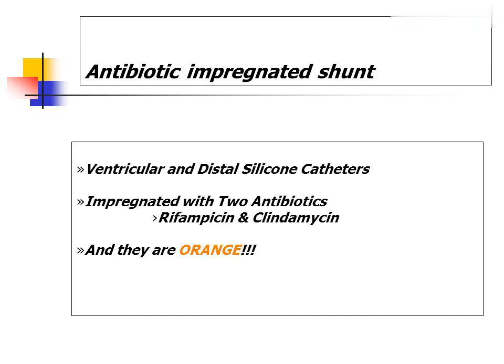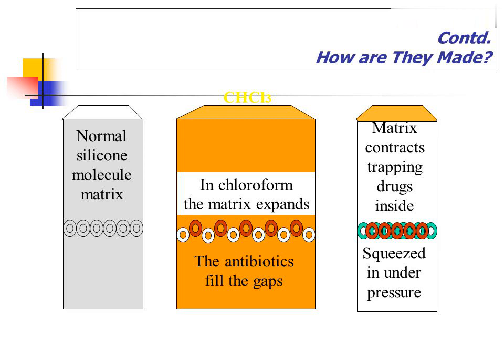Antibiotic impregnated shunt. Ventricular and distal silicone catheters, impregnated with 2 antibiotics, rifampicin and clindamycin. And they are orange. How are they made?